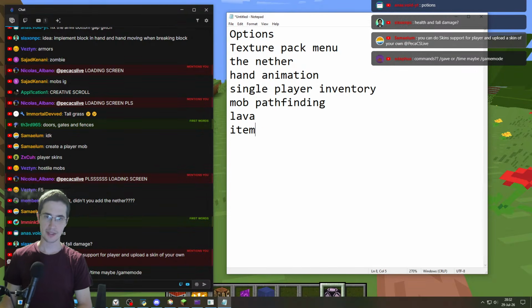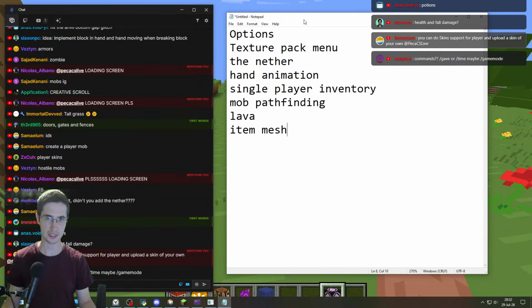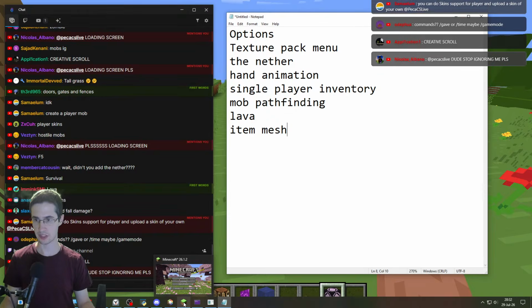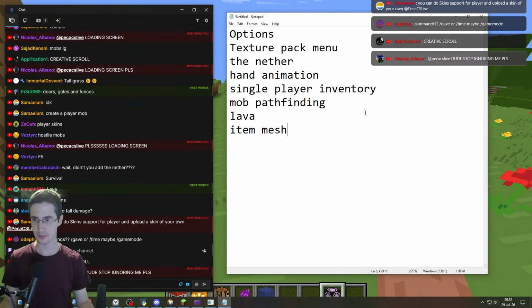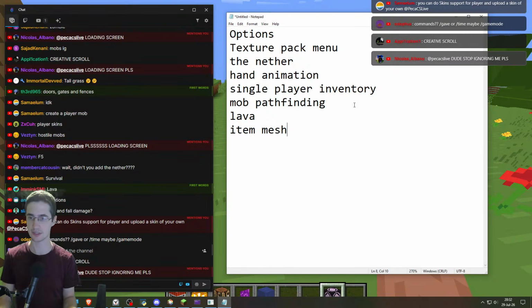Item mesh, to generate an item mesh for the items, because some items look very weird without one. For example, if you look at the redstone, they're using pixel art and generating a 3D mesh for it. So this is an important feature.